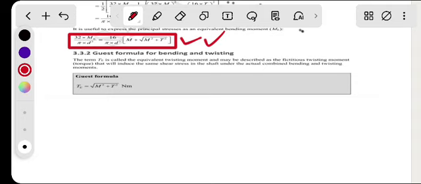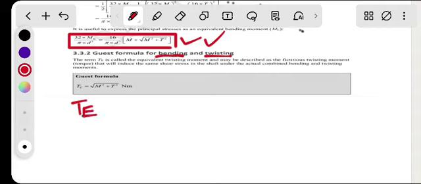So I want us to first deal with this formula, the formula for bending and twisting, a combination of bending and twisting. Then the term TE is called the equivalent twisting moment.